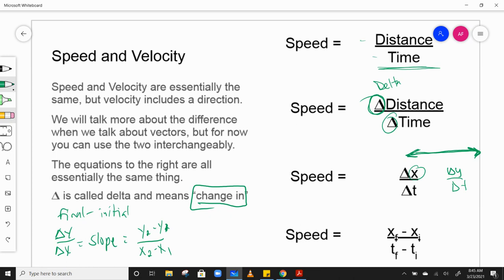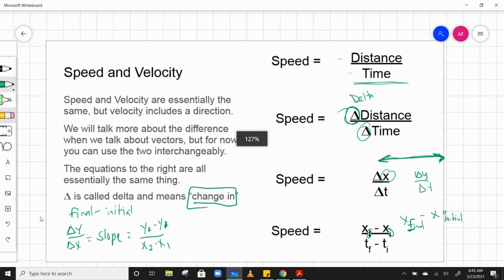It's just a change in distance over change in time. Really, that's what we're looking at here. You also might see xf minus xi, where f means final and i means initial. It's always final minus initial. So that's the formula we're going to be using today.